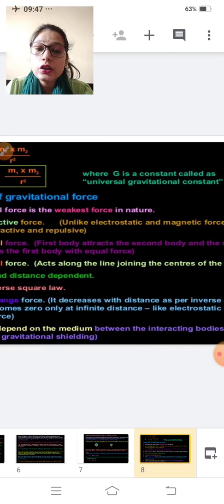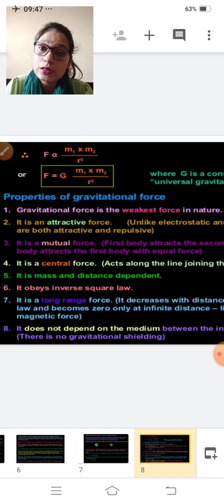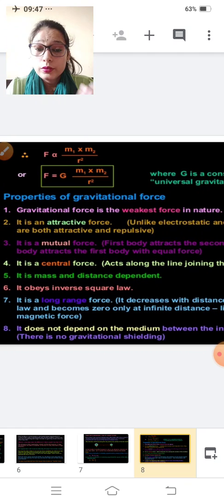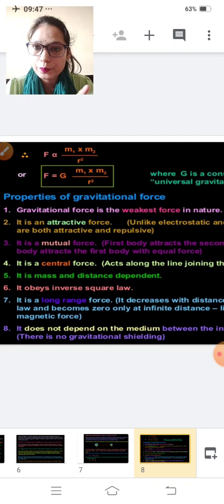Like electrostatic and magnetic forces, they are both attractive and repulsive, and this gravitational force is only an attractive force. That means they only attract. Due to the gravitational force, things will not get repelled.